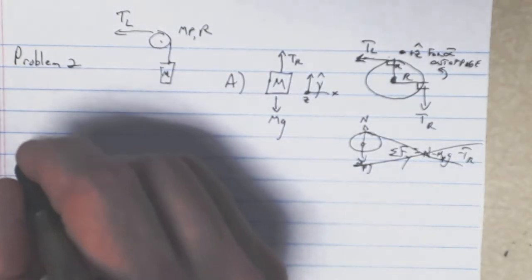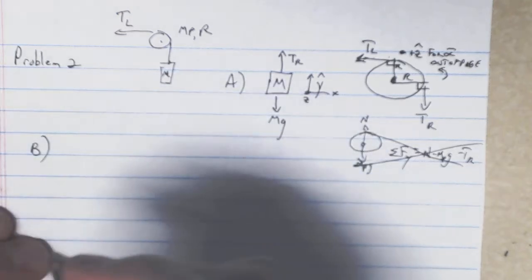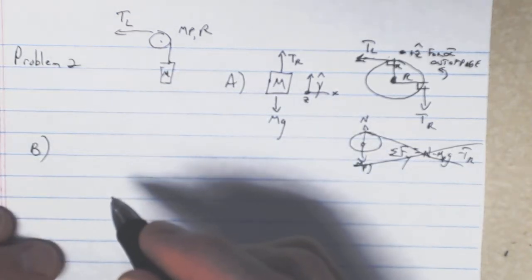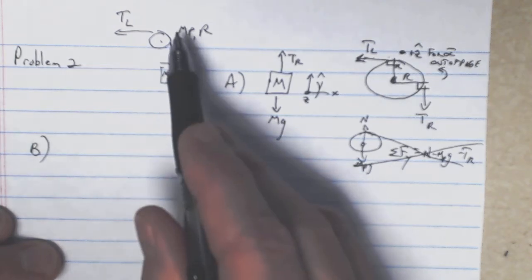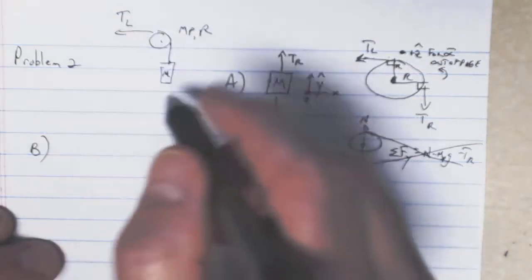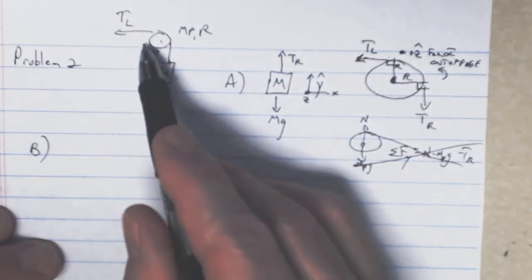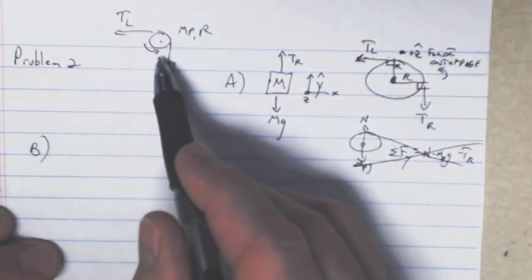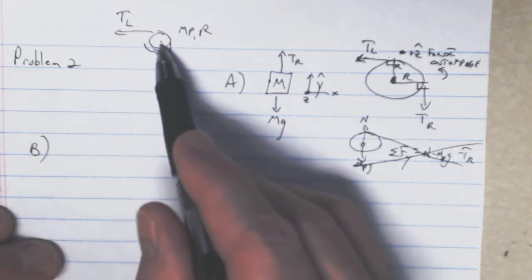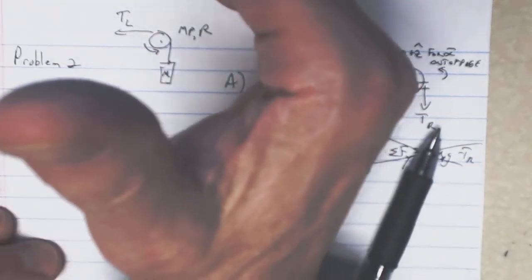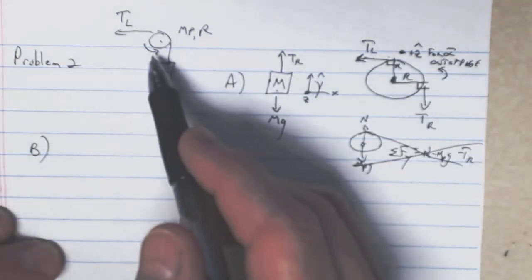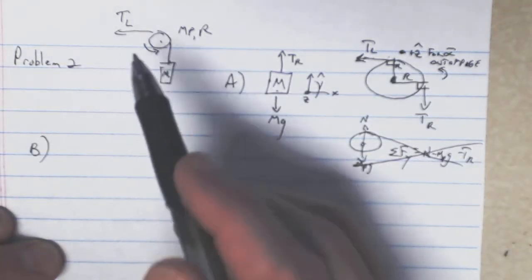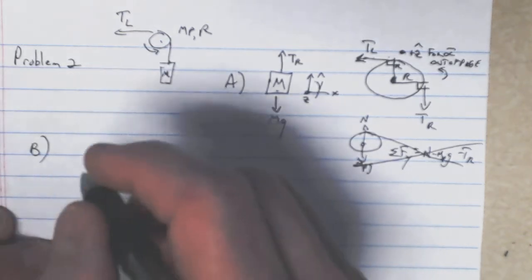Part B says, we have actually already done part B, what's the direction of the angular acceleration of the pulley? Given that this mass is accelerating upward, that means the pulley is rotating in this sense, which is not a direction for alpha, and it's rotating faster and faster in this sense. And so omega will be, from the right-hand rule, curl your fingers around, up out of the page towards you. But not only that, the change in omega, that vector upward out of the page towards you, keeps getting bigger and bigger.